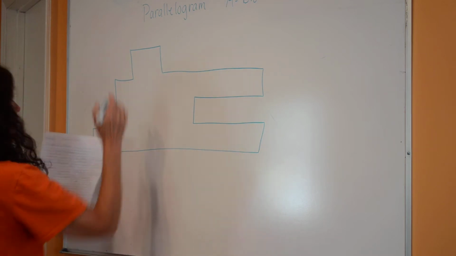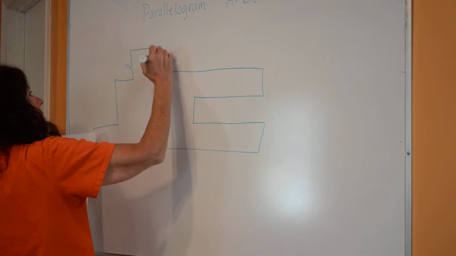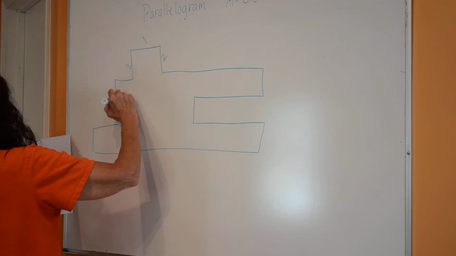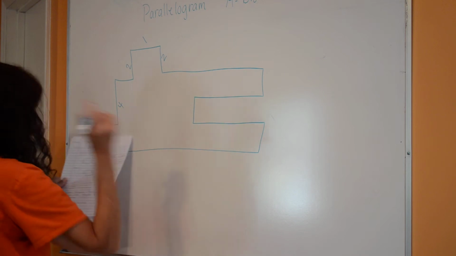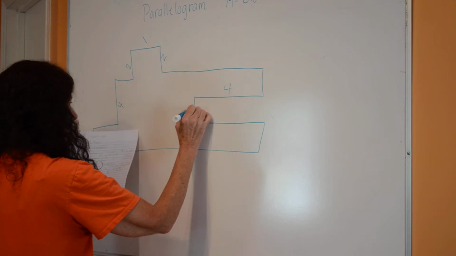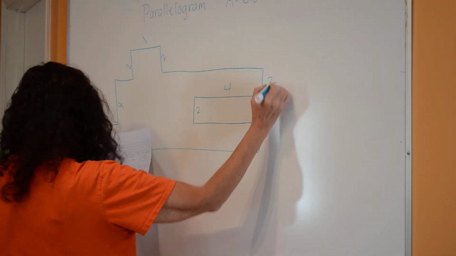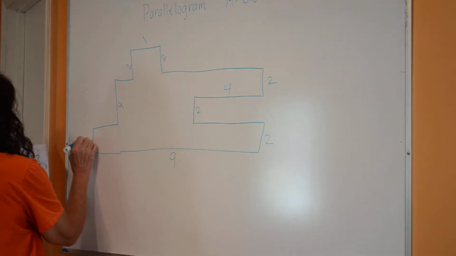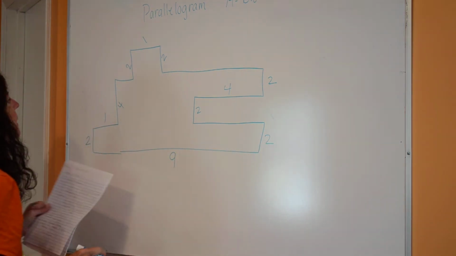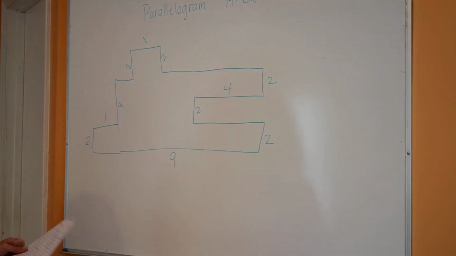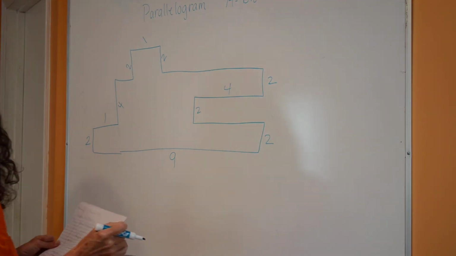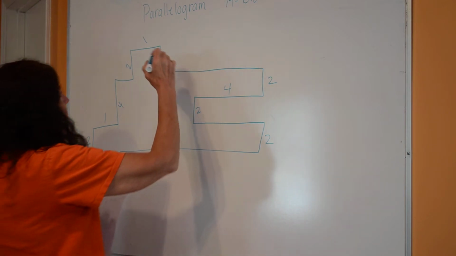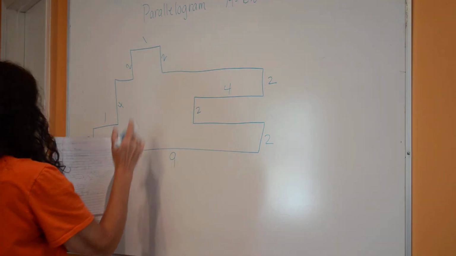Obviously not to scale, but 2, 2, 1, 4, 4, 2, 2, 2, 9, 2, and 1. Okay, 9. Okay. What we have, this is probably how I would have found it.